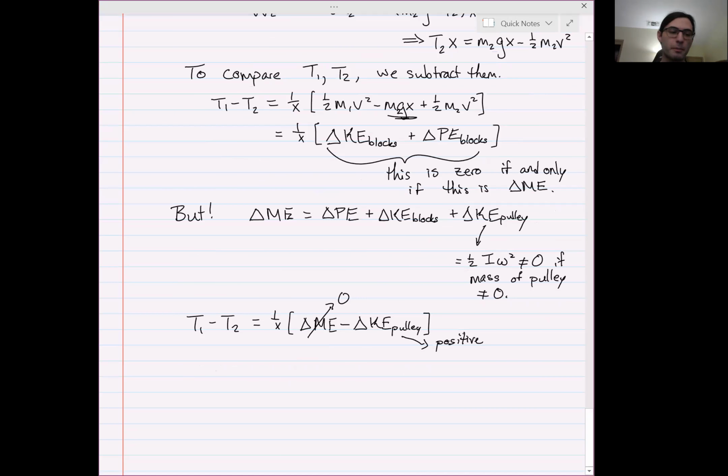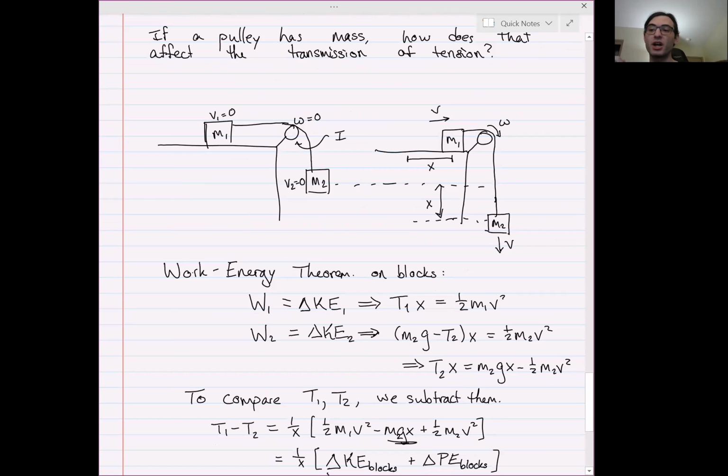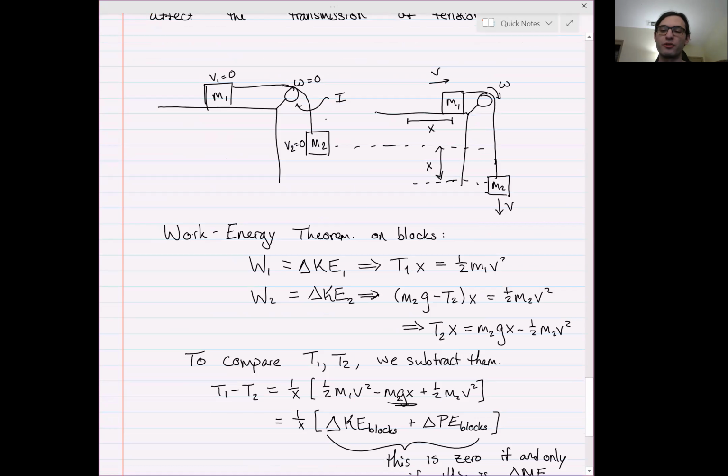And so T1 minus T2 is less than 0 because there's a negative sign here. Or in particular, T1 is less than T2. So when the pulley has mass, the tension force that this block M1 would feel is less than the tension force that this block would feel.